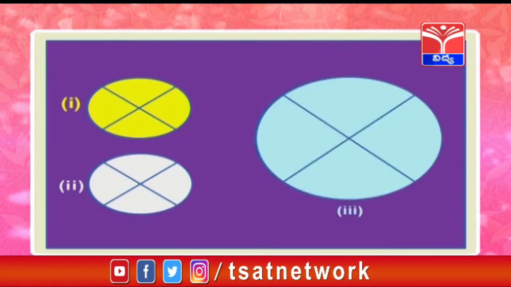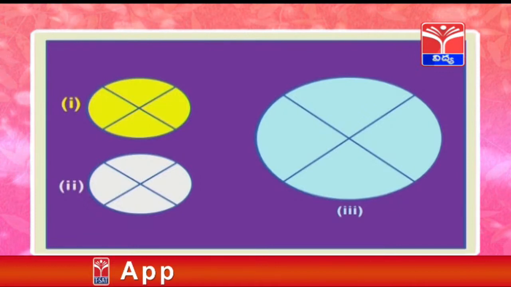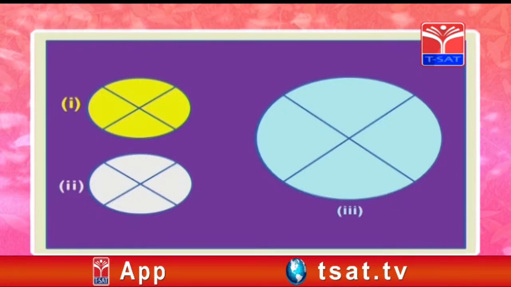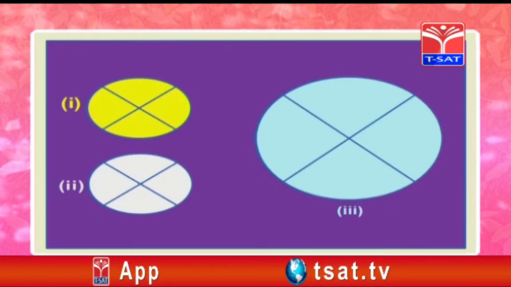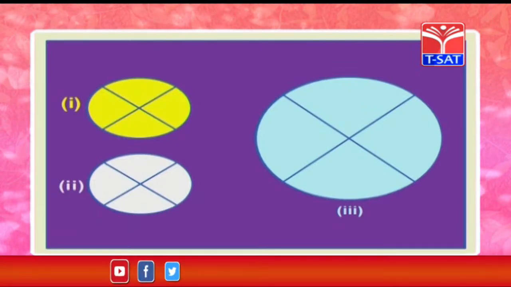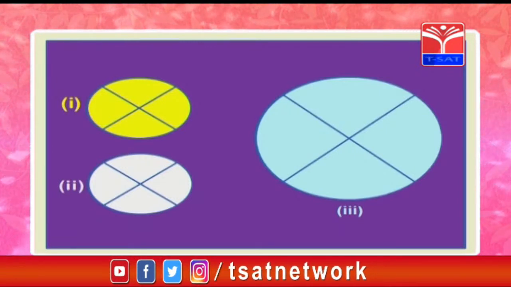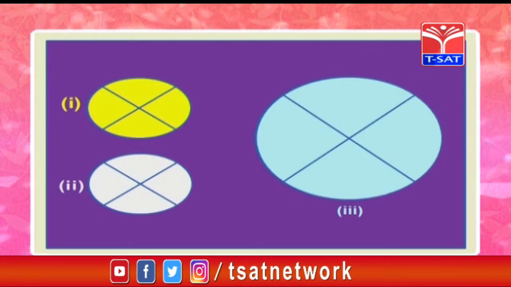Now, just observe the third figure which we have now on the screen. Yes, the third figure is also same in shape with the other two figures, but it is bigger in size. So, when we compare first and third figures, can we say that these two are congruent? No, they have different sizes.